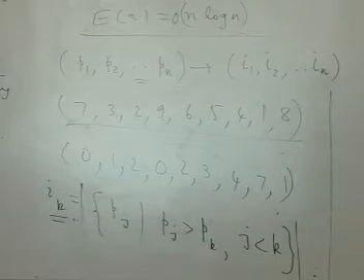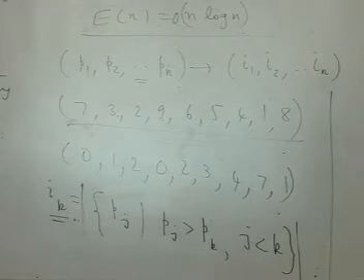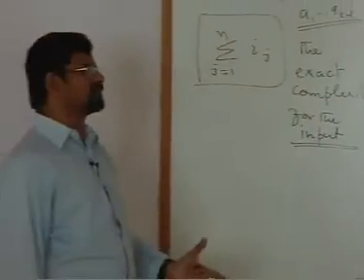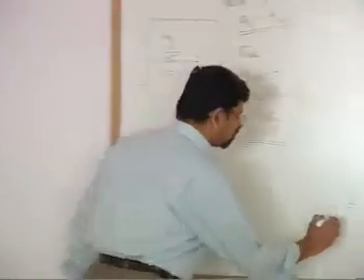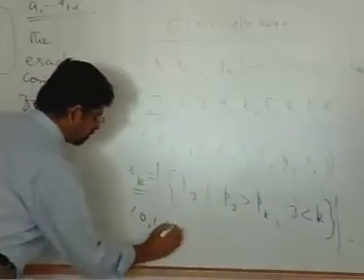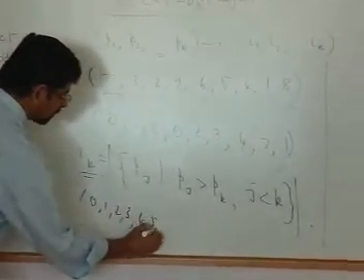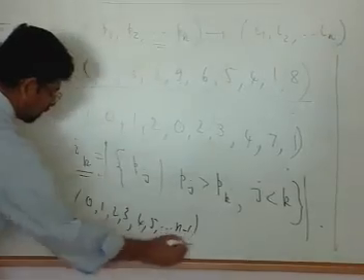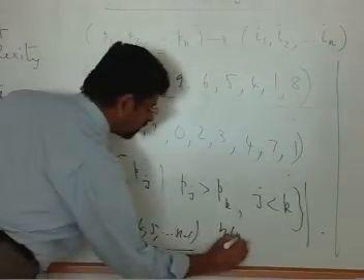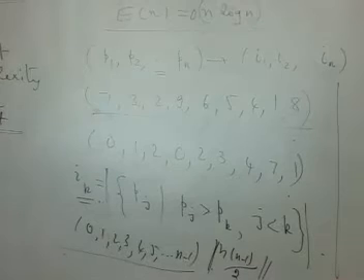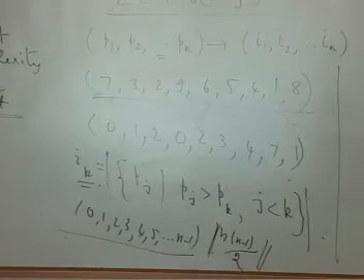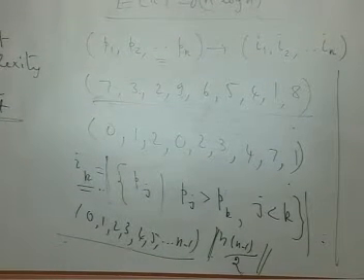Therefore, from this I can get the worst case easily. What is the worst case comparison? Everybody moving the maximum, so 0, 1, 2, 3, 4, 5 up to n minus 1. This is n into n minus 1 by 2, same as quicksort.